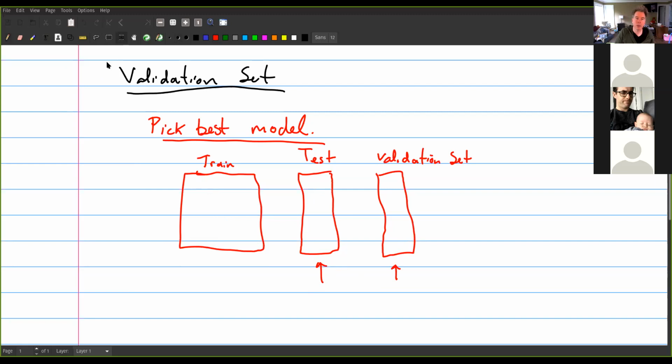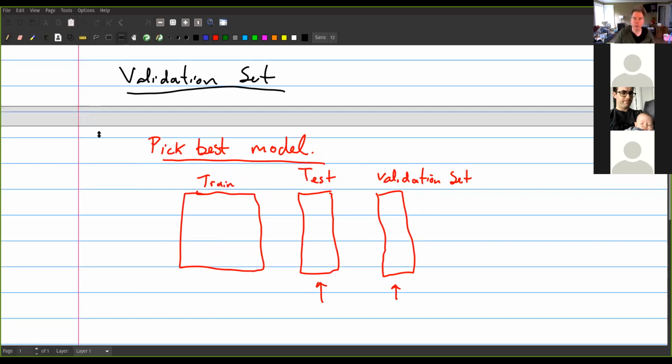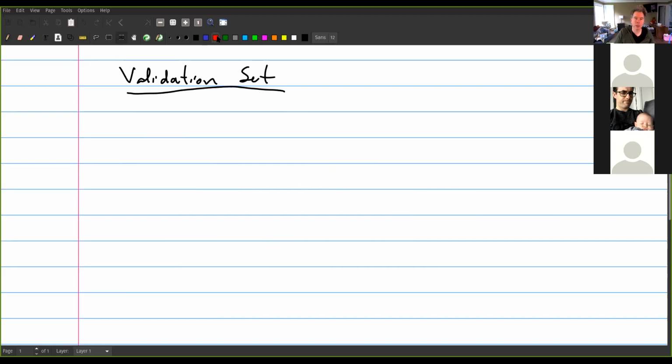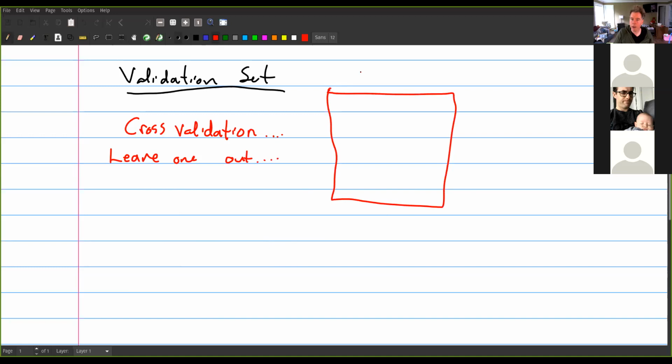A solution to that dilemma is something called cross-validation. The simplest version of this is leave one out cross-validation. In this situation, we're going to have just X train like we normally do, and X test over here, which is still a full 20% of the data that you have.